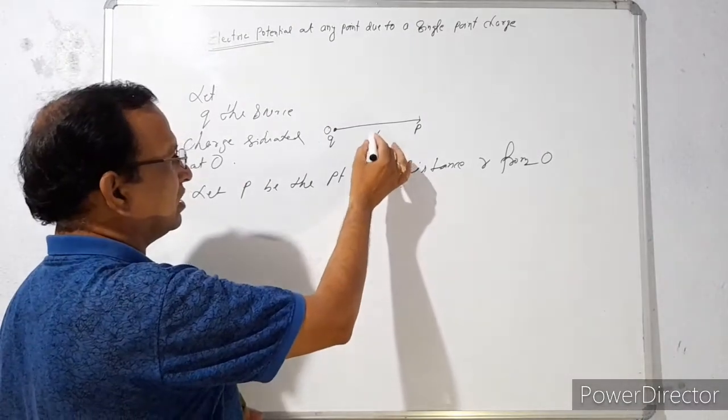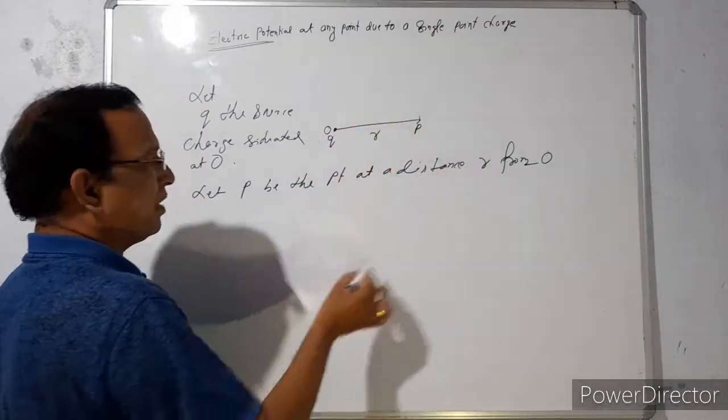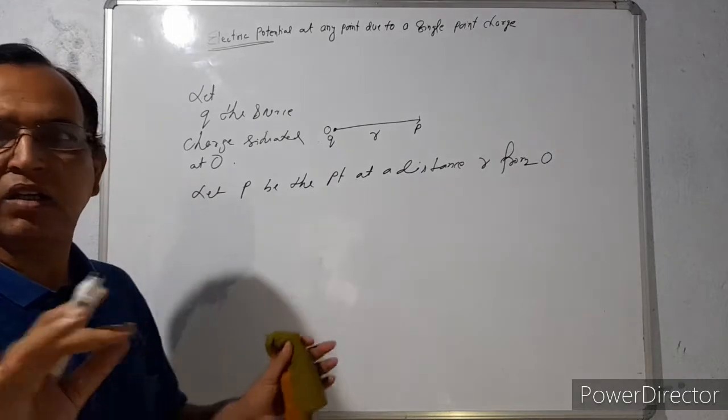So R is the distance between O and P, at which we can find out the electric potential.